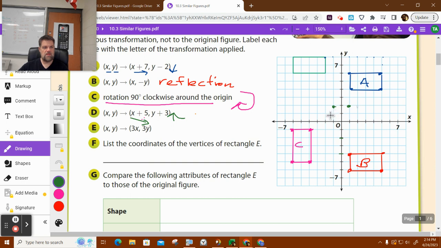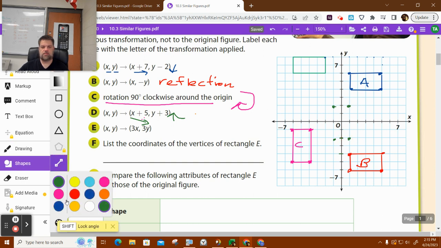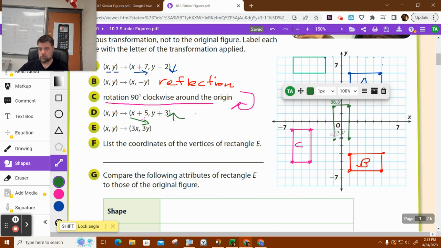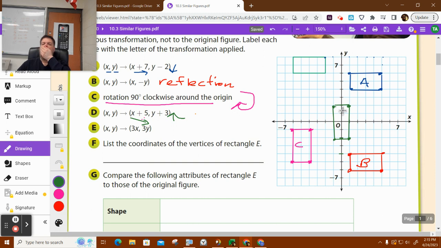Go to the right 5. Oh yeah, I've got to go down. 1, 2, 3, 4. 1, 2, 3, 4. Connect the dots. So that would be D.